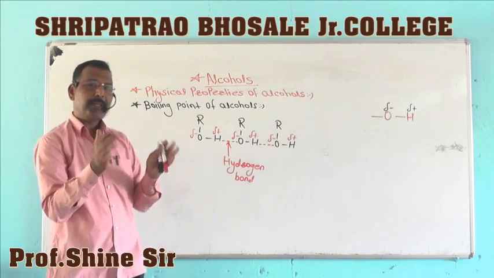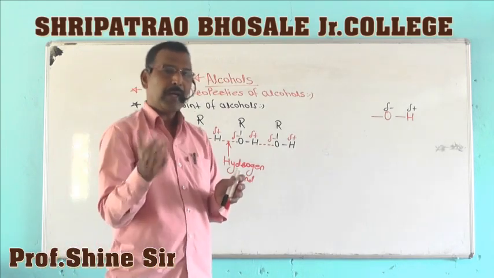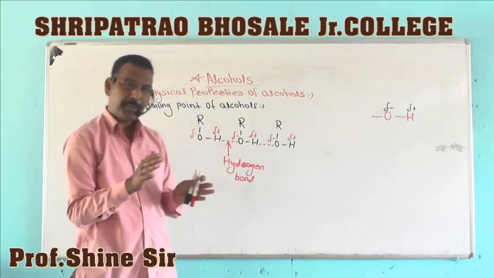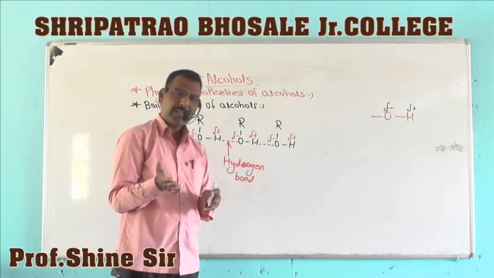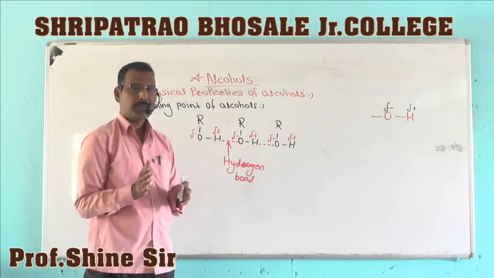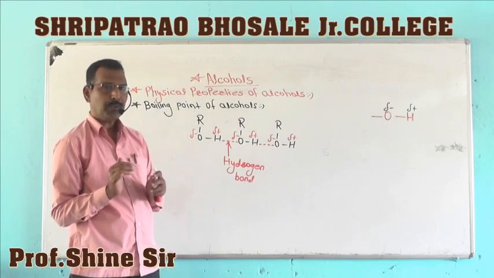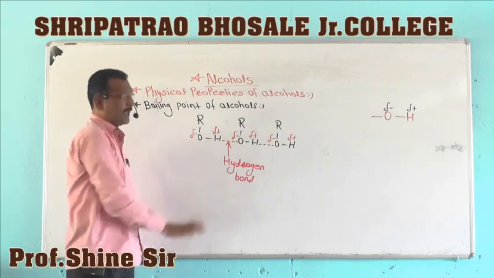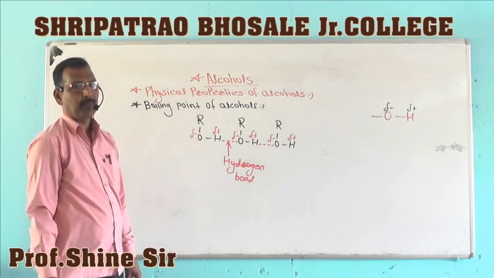If we take ethyl alcohol and the hydrocarbon ethane, the boiling point of ethyl alcohol is greater than ethane. Therefore alcohols have higher boiling point. Is it clear?